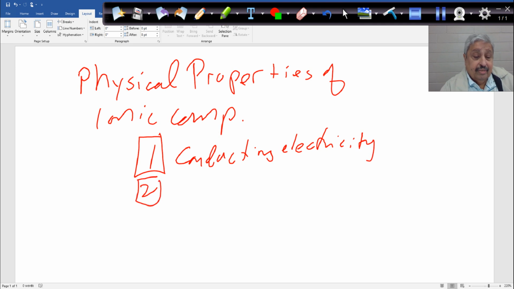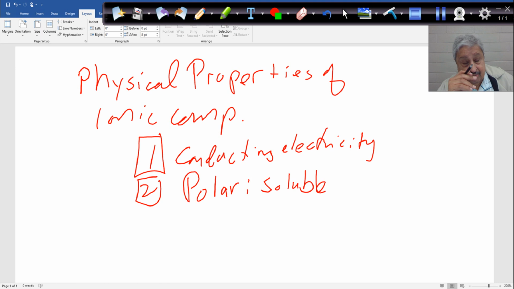And they are polar. What does polar mean? Soluble in H2O. We'll talk about polarity, which has to do with electronegativity, later in this chapter. They are soluble in H2O. They conduct electricity.